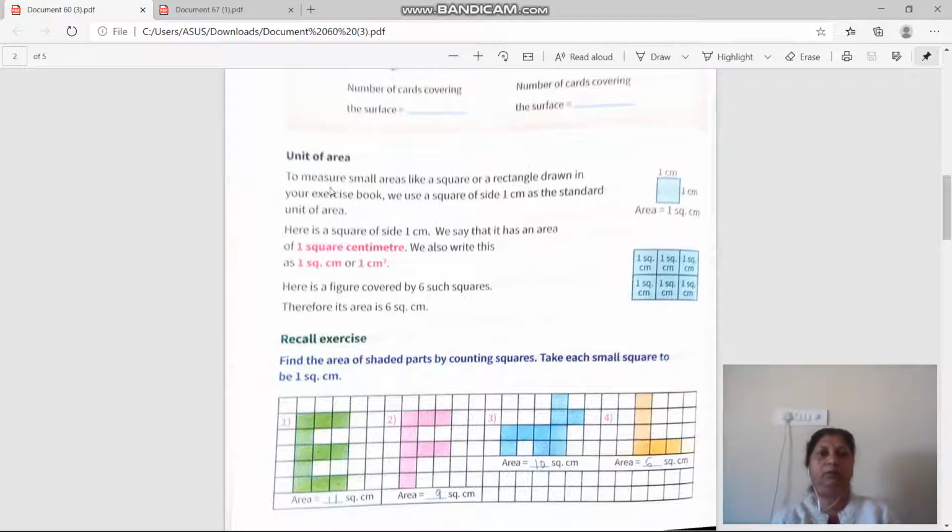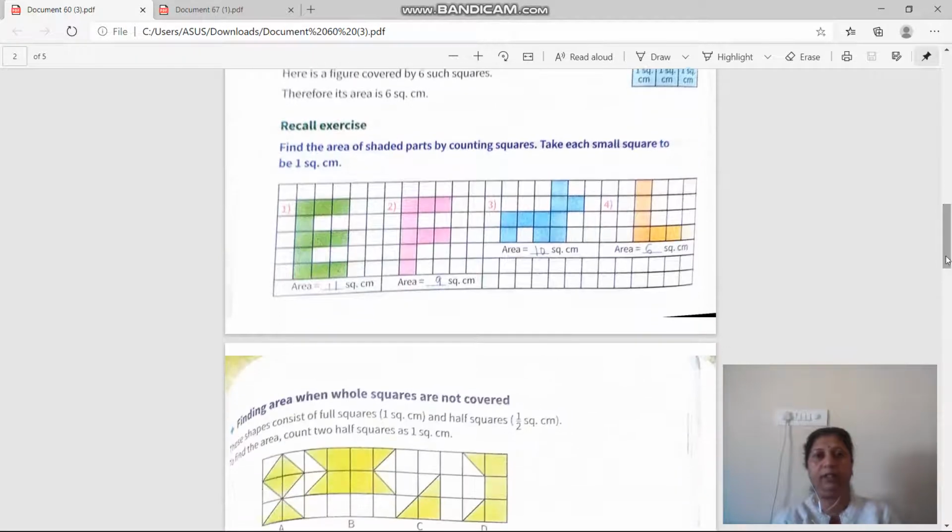So see, 1 square centimeter is the standard unit of area. Okay, now in the recall exercise we find out the area with the help of this square centimeter, right? So 1 square indicates 1 square centimeter, right?